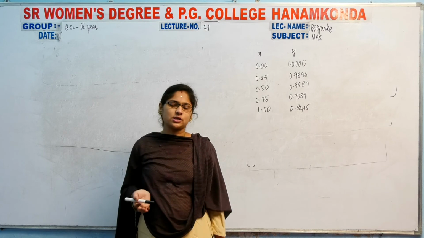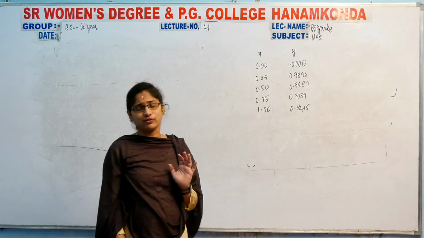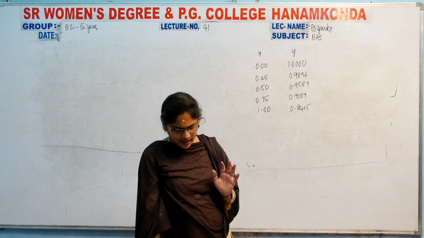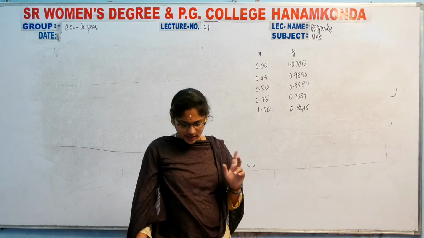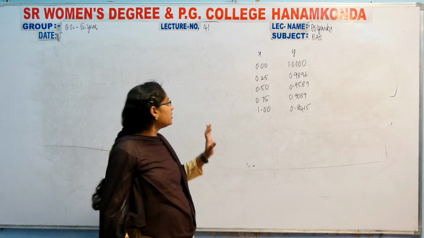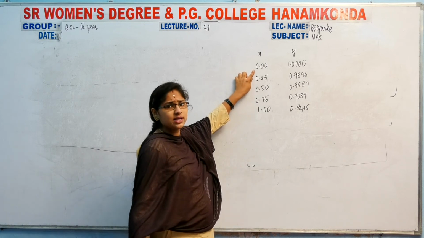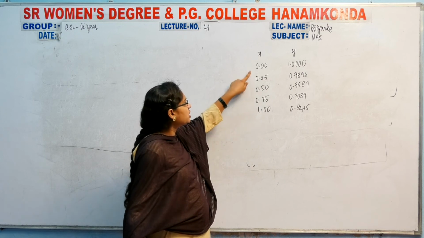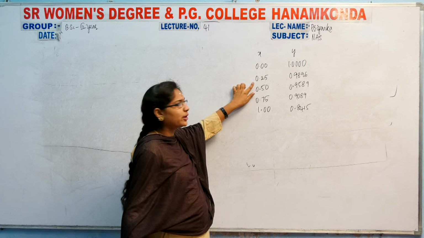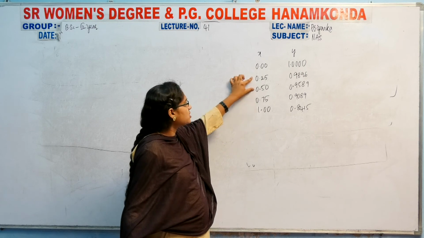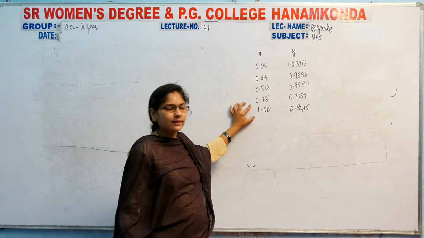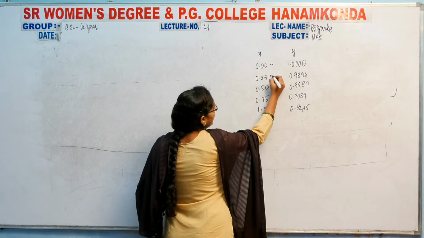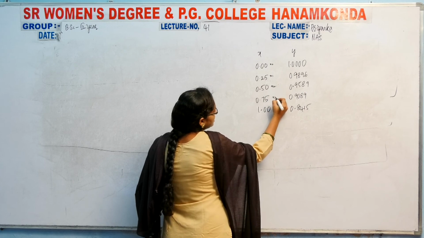So here they are asking to find the total area between x equal to 0 and x equal to 1. They divided the integration into these parts: 0 to 0.25, then the next 0.25, one part each. So here we have x0, x1, x2, x3, x4.